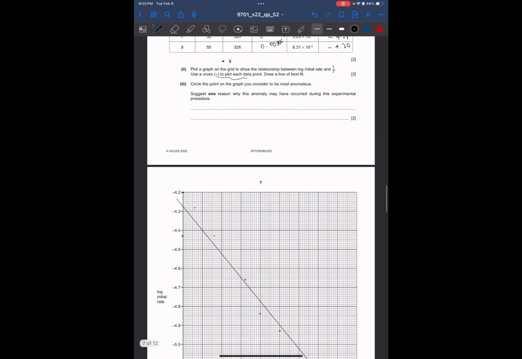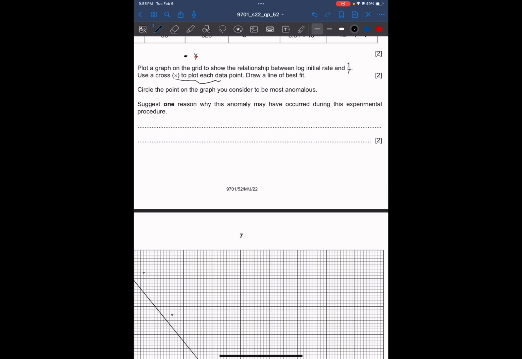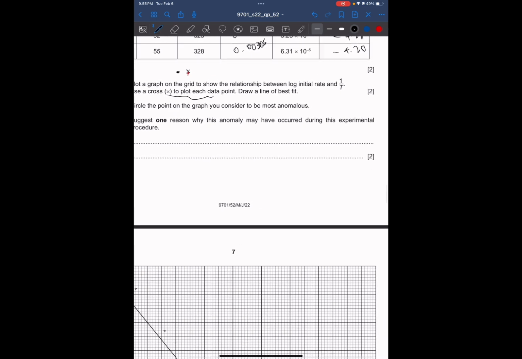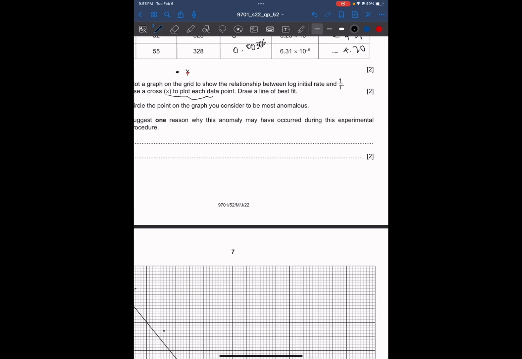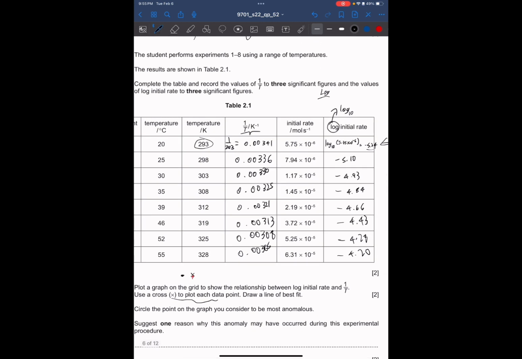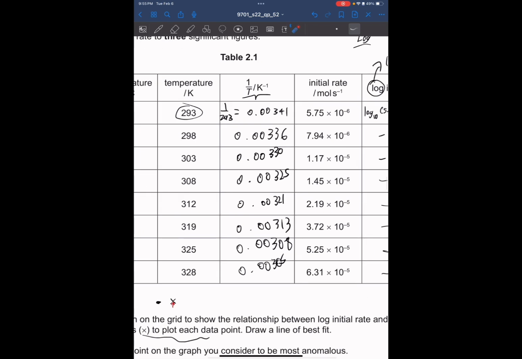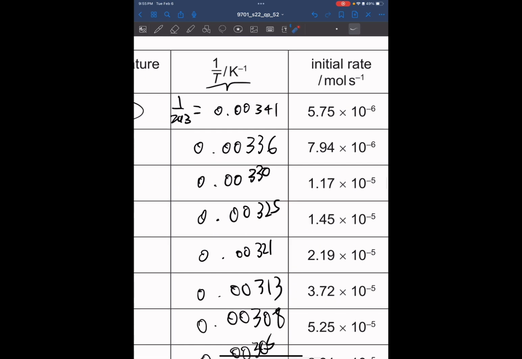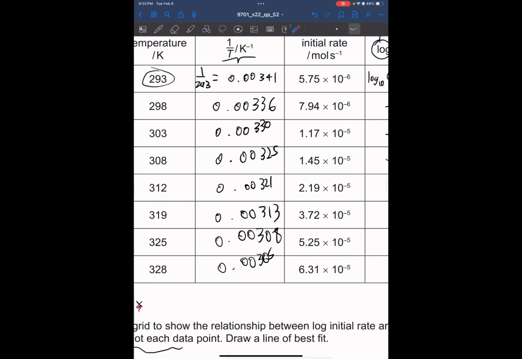Now we have to circle the point on the graph which we feel is most anomalous. I think even here from our graph, we could tell that there's a deviation. The reason is because, hold on, where was it?